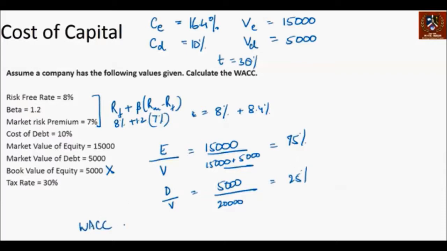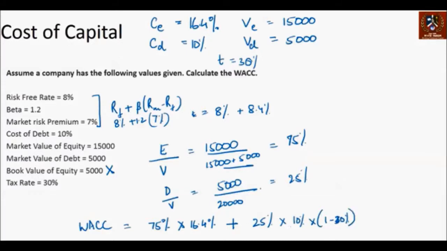Calculate WACC. So weight of equity is 75% multiplied by 16.4% plus weight of debt is 25% multiplied by 10% multiplied by 1 minus 30%, correct?